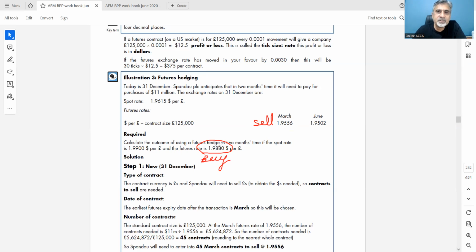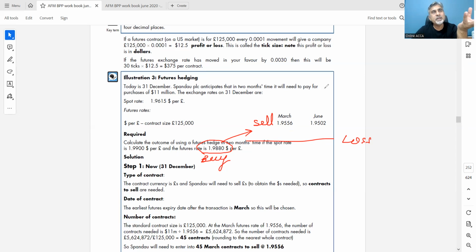So my buying price is 1.98 and my selling price is 1.95. See, there is a loss. Actually, while settling this transaction, I'm making a loss. This future transaction, forget about the spot market for a moment, actually is going to give me a loss. Number one thing, I decided in the very beginning, is it a buy or sell contract?